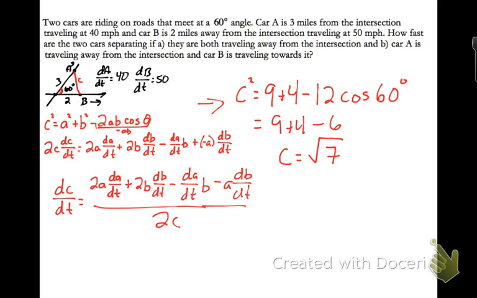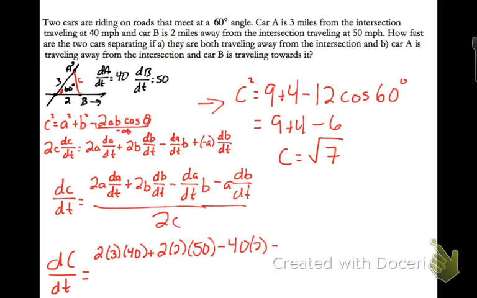Now I've got everything I need to solve for dc/dt. dc/dt is equal to 2 times a, which in this case is 3, times dA/dt, which is 40, plus 2 times b, which is 2, times dB/dt, which is 50, minus dA/dt, which is 40, times b, which is 2, minus a, which is 3, times dB/dt, which is 50, and all of that is being divided by 2 times the square root of 7, which is the length of c.